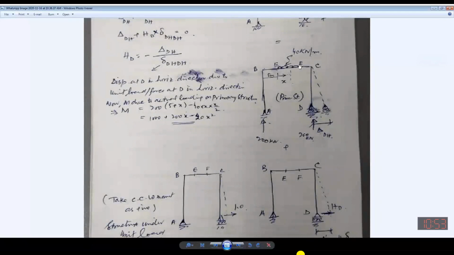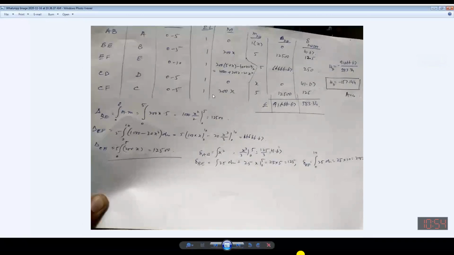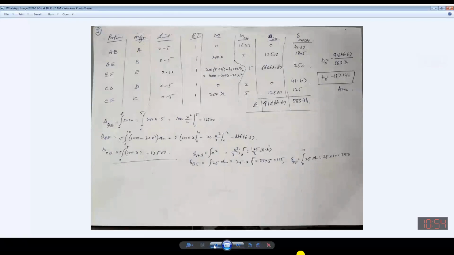So this is 200 into x, and x varies from 0 to 5, from C to F. So it comes out to be 200x.